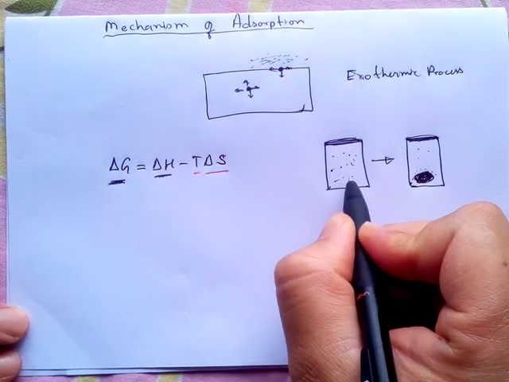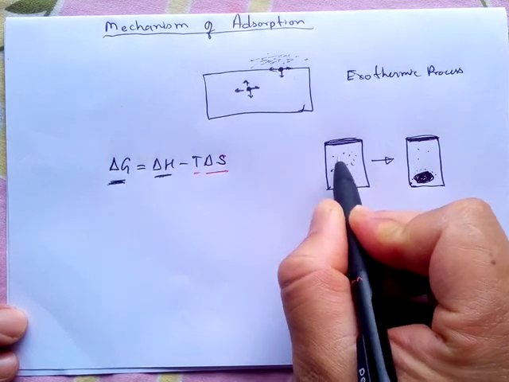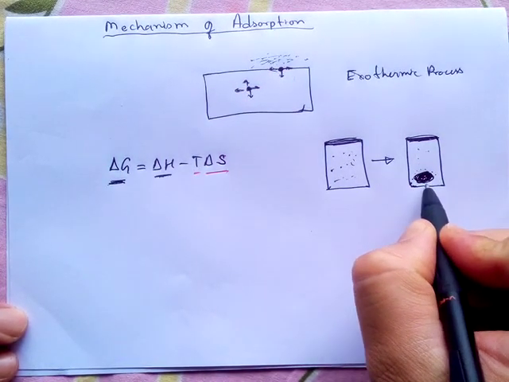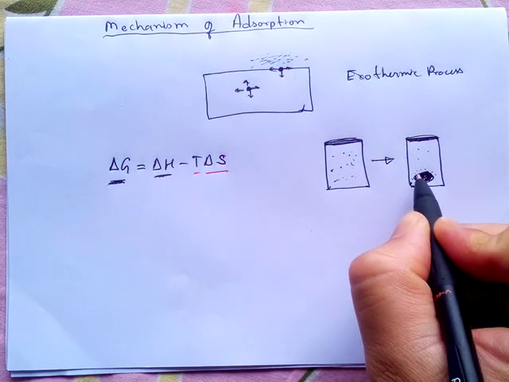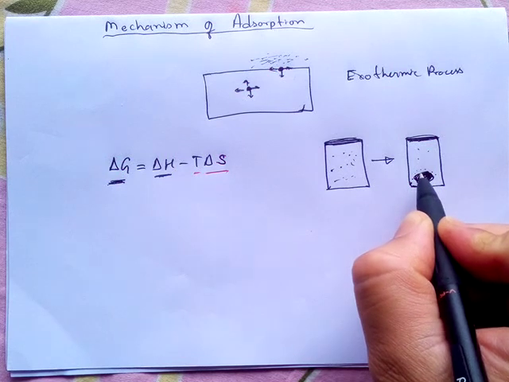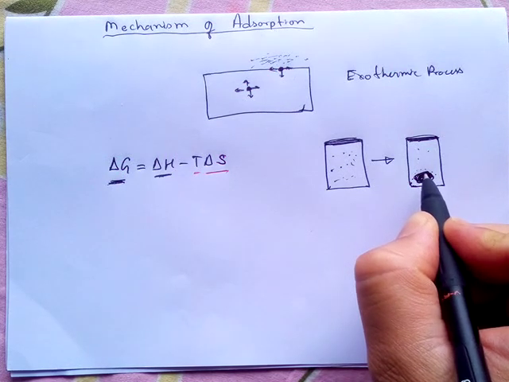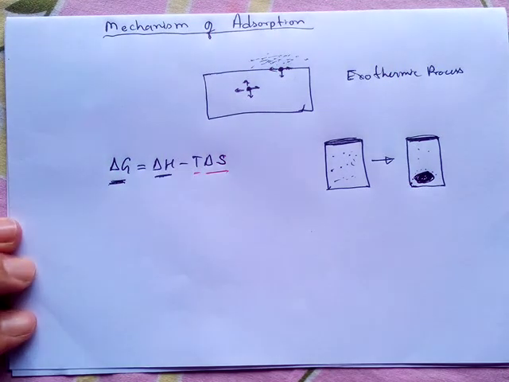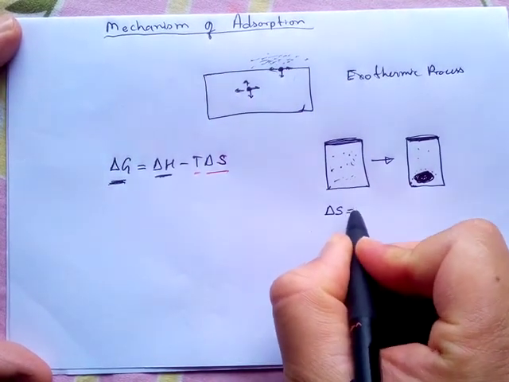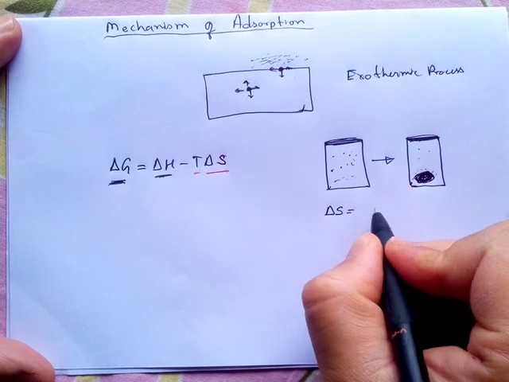See, earlier there was lots of randomness, meaning they are moving randomly here and there. Now all the particles get adsorbed at the surface. Now the particles stick to the surface. Due to adsorption, the particles cannot move. Now the degree of randomness has decreased. Now what will be the delta S? Delta S means you must look at final minus initial.